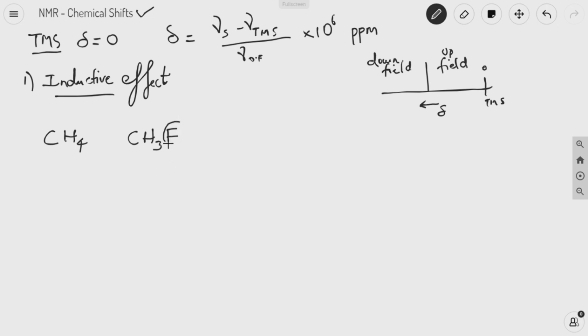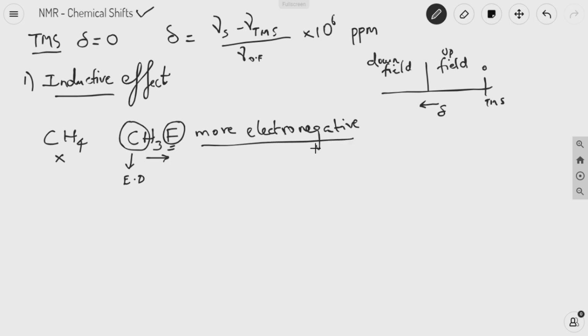We know very well that fluorine is more electronegative, hence it starts to pull the electron towards itself. Hence the electron density of the molecule will be more concentrated on the fluorine, and it will be less in the rest of the molecule, because of fluorine's high electronegative nature.